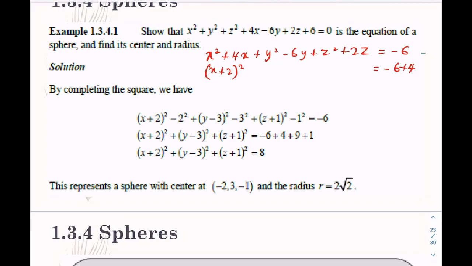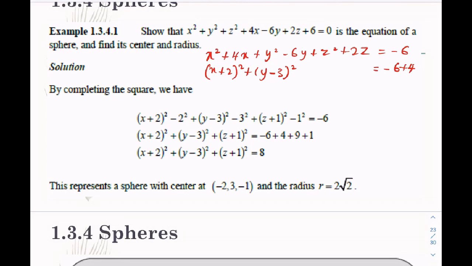So now we do the same thing for the y. (y minus 3) squared, y minus 3, because this number is negative 6. This number divided by 2, we will have negative 3. And then, same thing, when we expand this one, we will have y squared minus 6y plus 9.